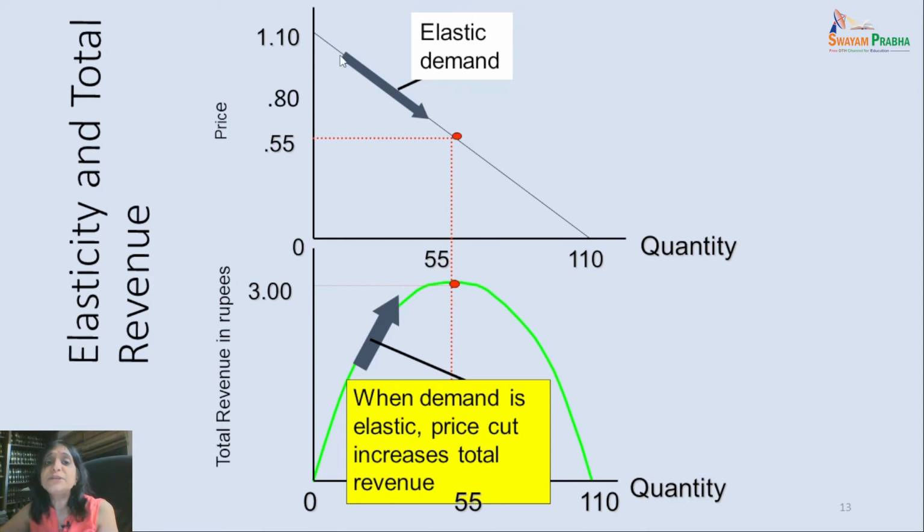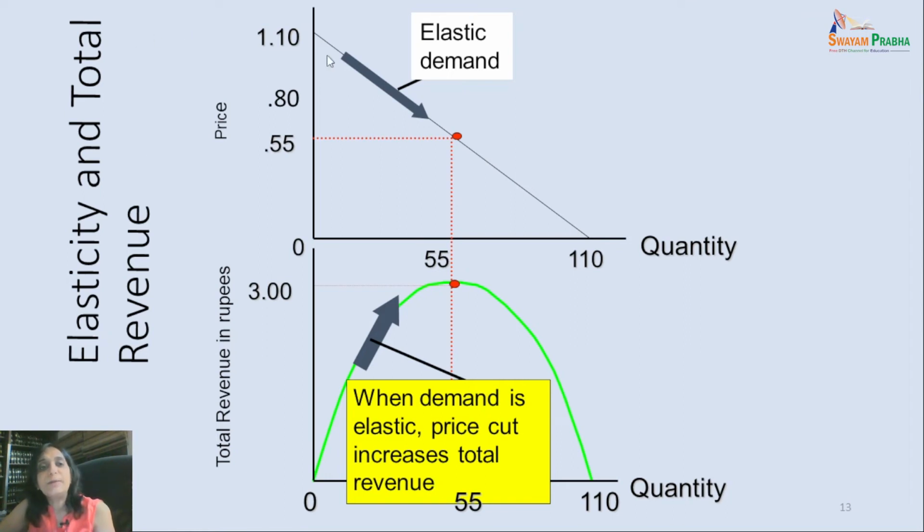If we refer to the elastic demand portion of your demand curve and compare it with the total revenue curve, what we see is that the total revenue curve is rising in that particular portion. So what does this mean? It says that when the demand is elastic, and you reduce the price of that product, your total revenue will increase.